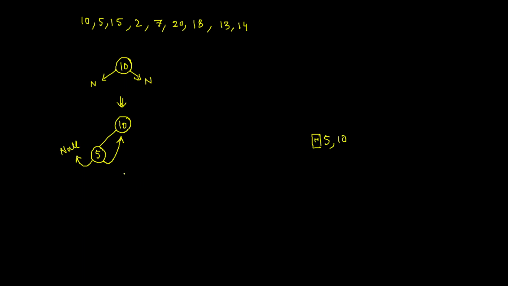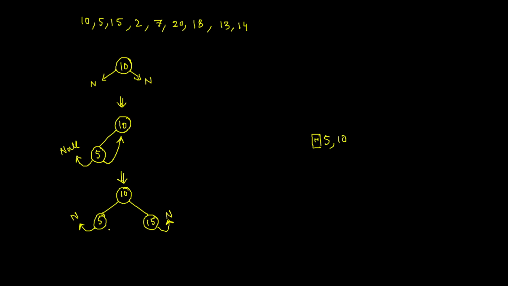Fine. Now if we connect more, for example 15, what will happen? Here I have 5, then here I have 15. Obviously the right of 15 is null, and the previous situation we have just discussed will arise.